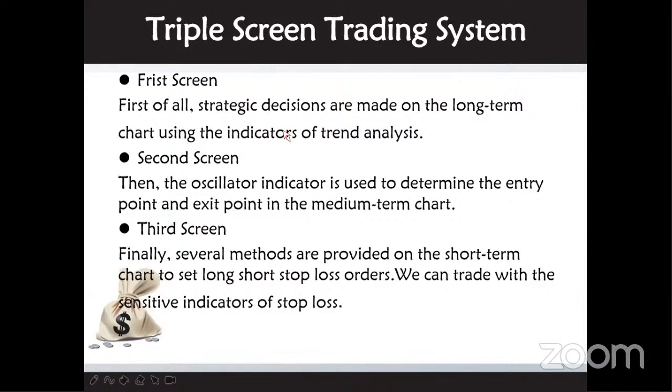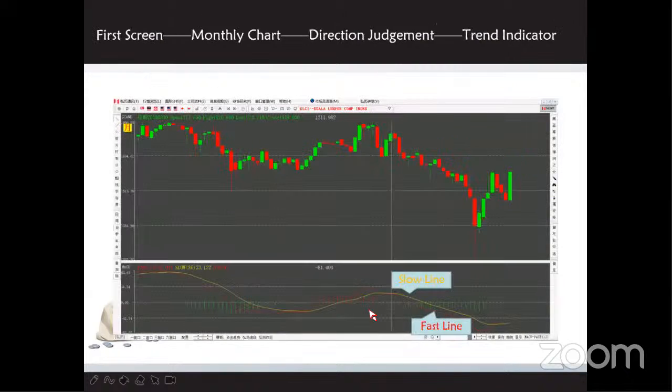So just now I have mentioned the concept of the triple screen. Then how can we make it from the first screen to the third screen? So here the master Zhu gives us some methods for us to analyze.